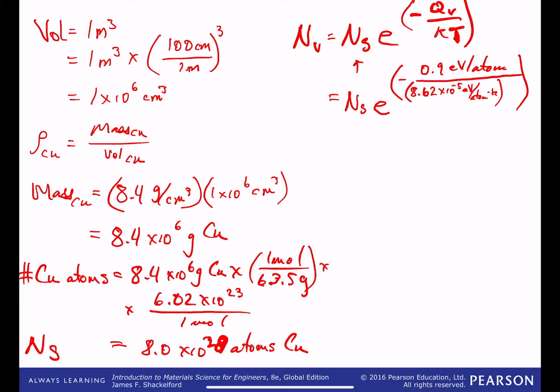Room temperature is about 22 degrees C, and that correlates to about 300 Kelvin.